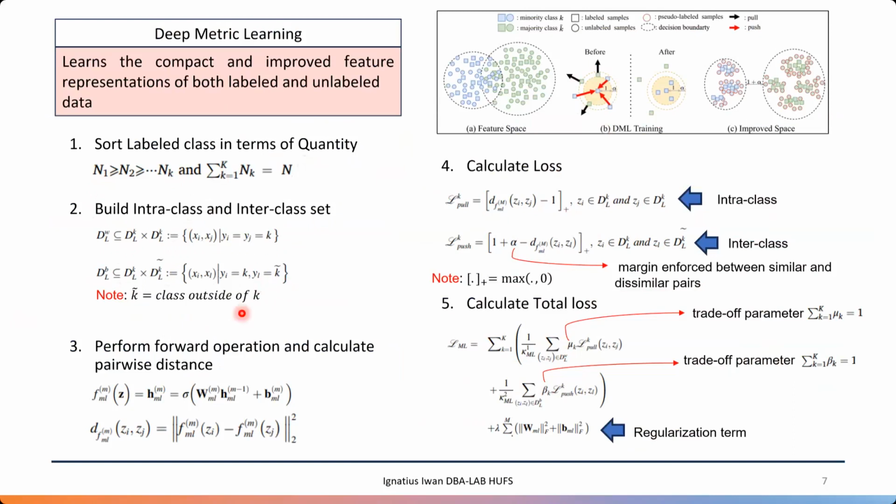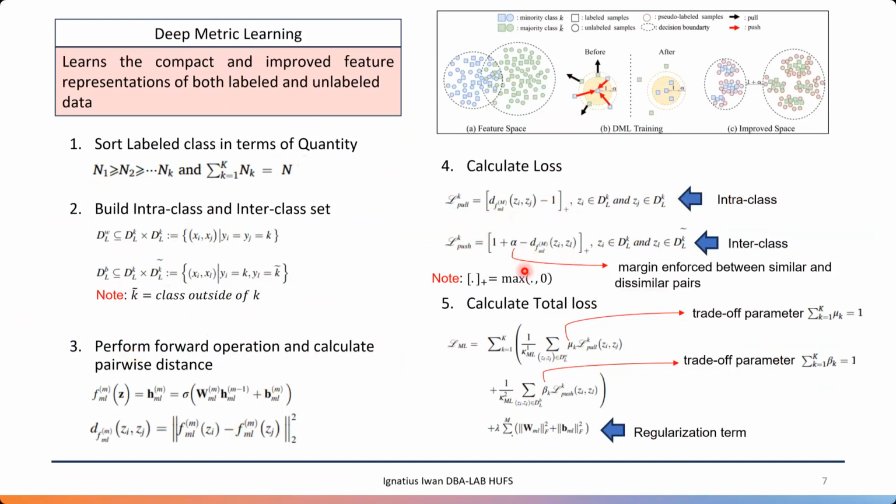Then we perform the forward operation of the neural network and calculate the pairwise distance. This is how we calculate the loss. We encourage the intra-class samples to be closer, or we pull them together, and for the inter-class pairs of samples with different classes, we push them apart.